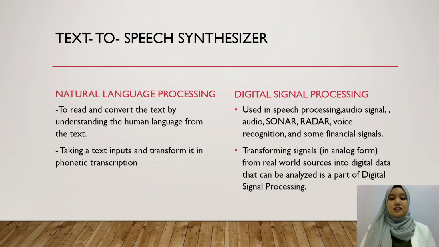Transforming a signal in analog form from a real-world source into digital data that can be analyzed is a part of digital signal processing. The components are capable of separating and operating in analog form if analysis is undergone in digital forms.